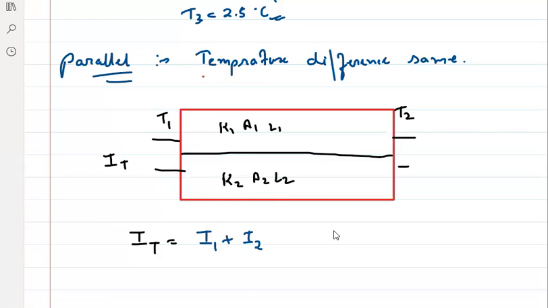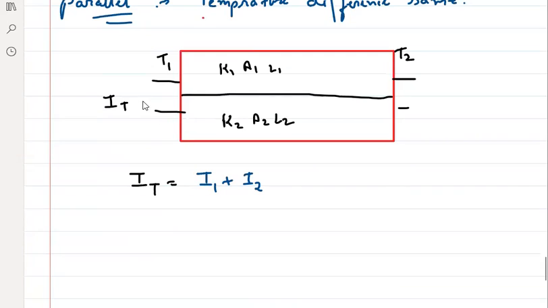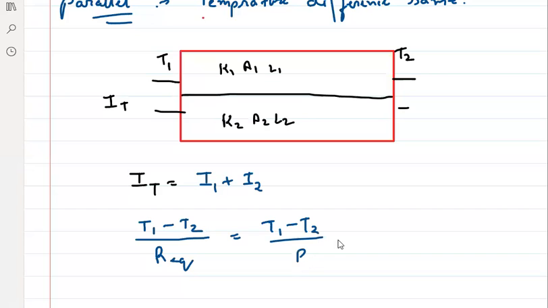Yes, agree? Now, IT is between T1 and T2. So I can write like this, T1 minus T2 divided by R equivalent is equal to I1, which is T1 minus T2 by R1, plus I2, which is again T1 minus T2 by R2.